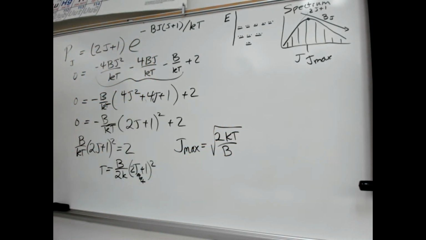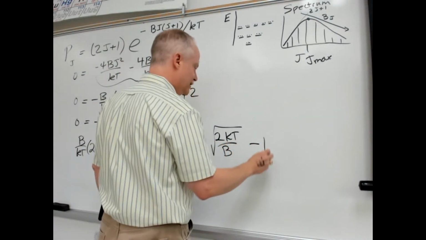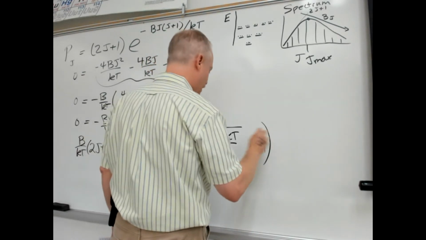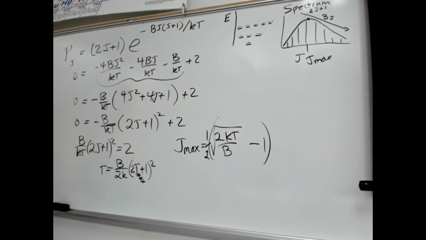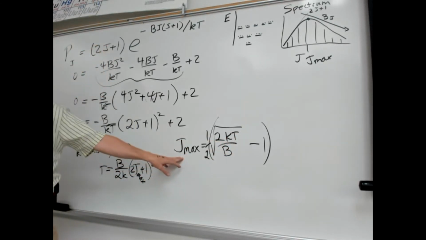Then I'm going to subtract 1. That 1 is outside the square root. And then I'm going to multiply the whole thing by 1/2 to divide by 2. Check that out mentally, just walk your way through that. And so I can find a temperature if given a J max, or if given a temperature, I can solve for J max.